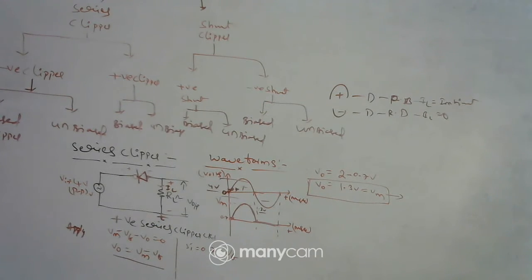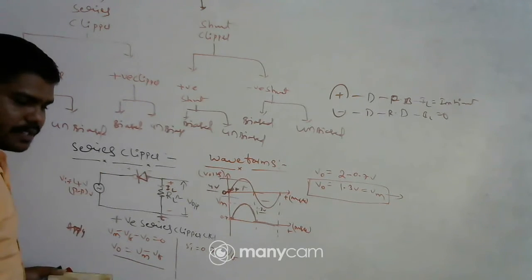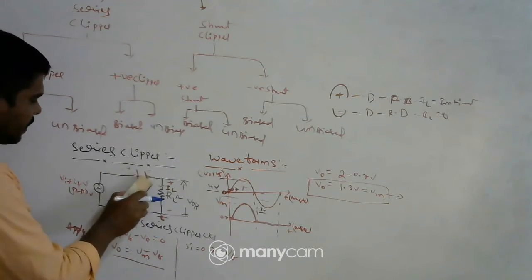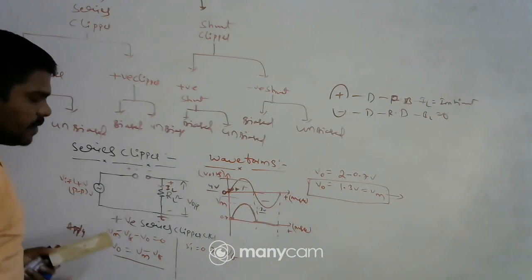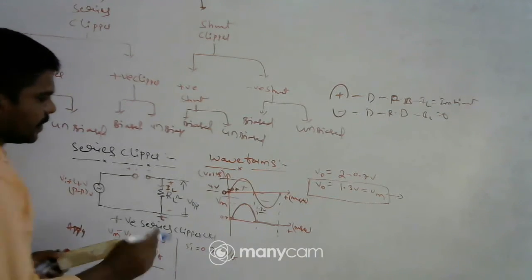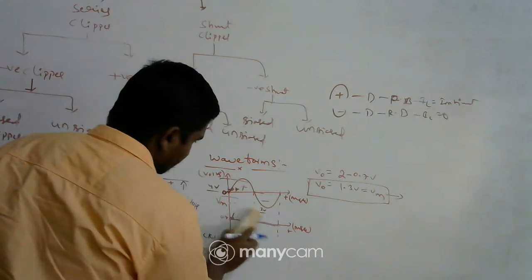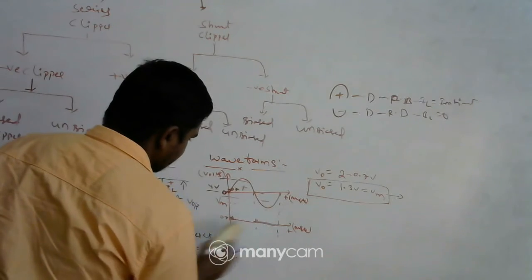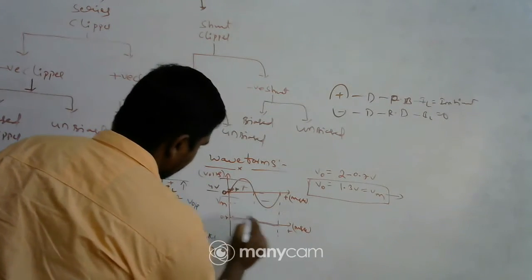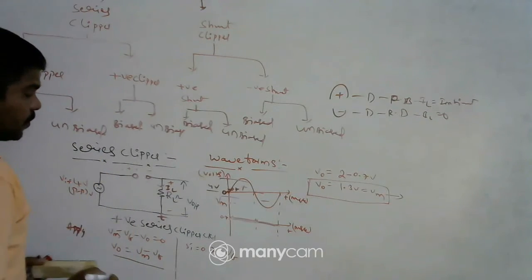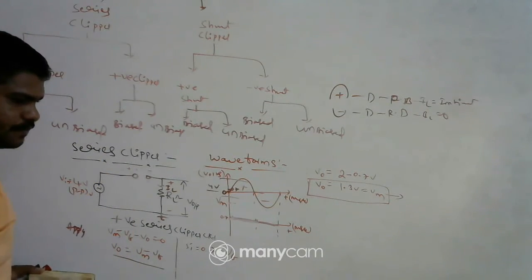Similarly, same operation: for a positive half cycle, the diode becomes reverse biased. Reverse bias means open circuit. Then what about the output waveform? Output waveform will be 0.